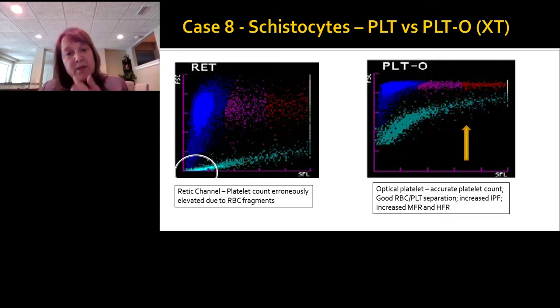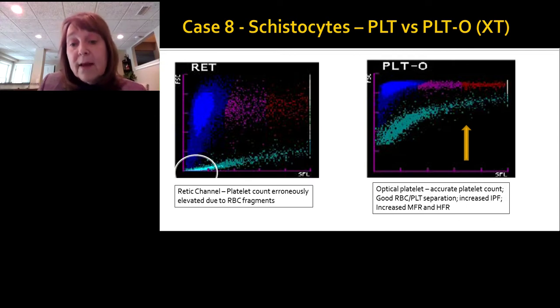As I said, this was a reason that we went to using a Platelet-O. We can see there is greater separation between our red cell population, blue on the top, and our platelet population, which is on the bottom. Both of them, retics and platelets, in this particular case, show us that we have increased production of both red cells and platelets.